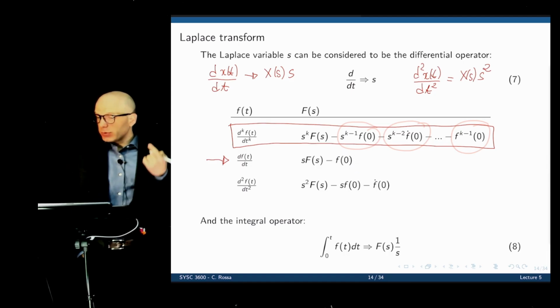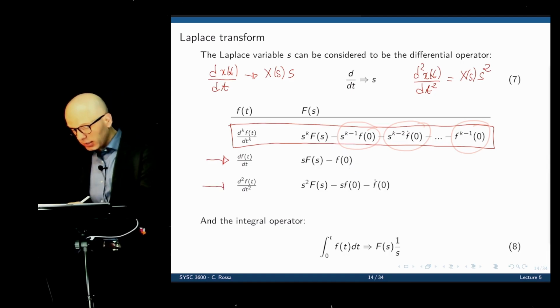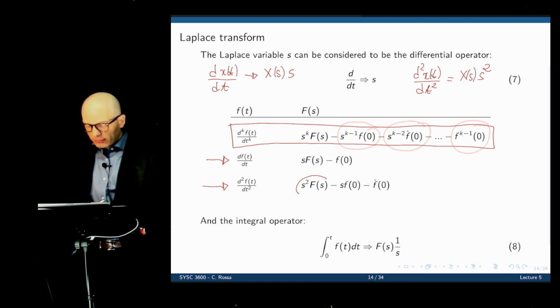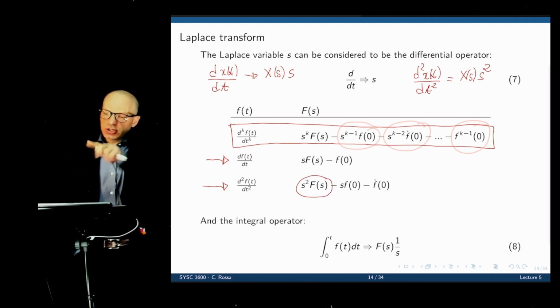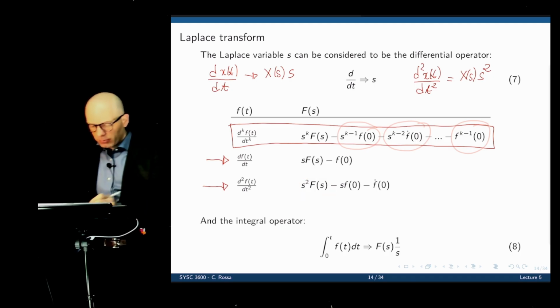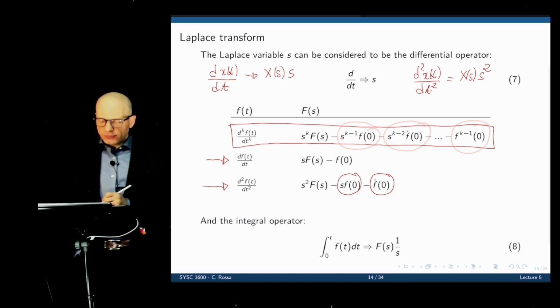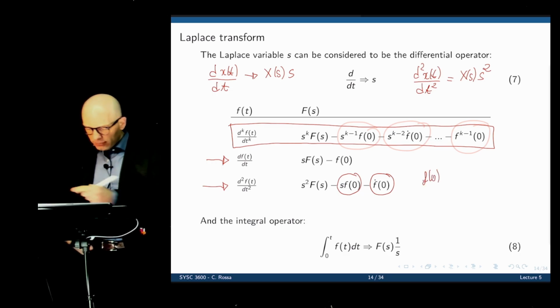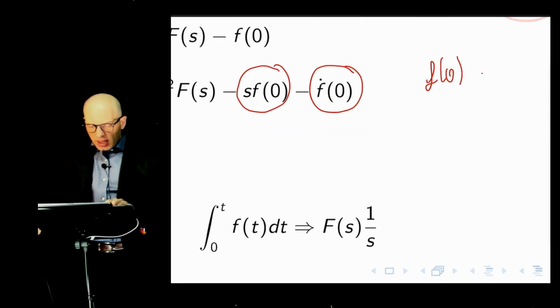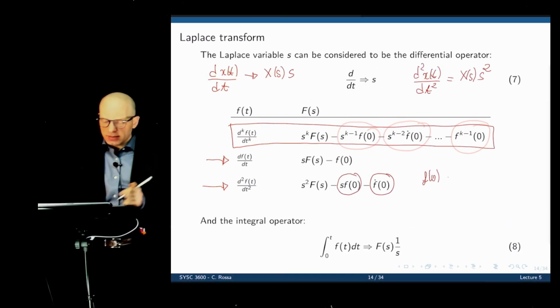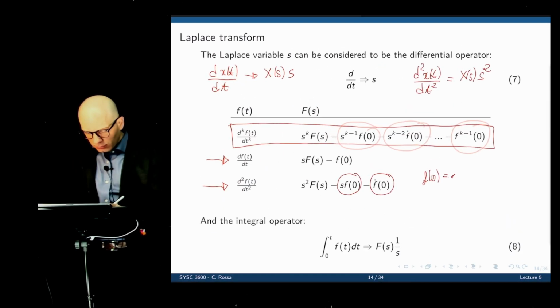Let's assume that we are dealing with the second derivative instead. Here's the second derivative. So we now have f of s times s times s. Each s corresponds to one derivative. And now we have two terms showing up. We have s times f of 0 minus f dot at 0. What is f of 0 again? If f of t is the displacement, f of 0 is the displacement at time equals 0.